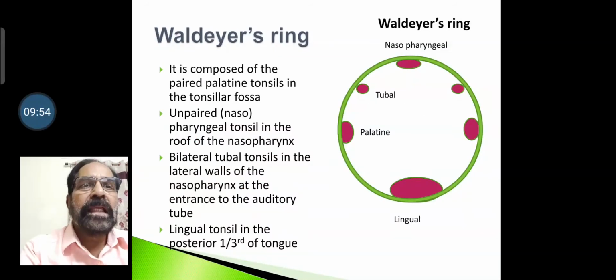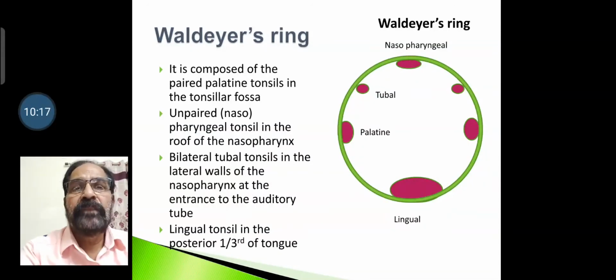You can see in the picture the Waldeyer's ring. It is composed of paired palatine tonsils in the tonsillar fossa, unpaired nasopharyngeal tonsil in the roof of nasopharynx, bilateral tubal tonsils in the lateral wall of nasopharynx at the entrance of auditory tube. Lingual tonsil is present in the posterior one-third of tongue.